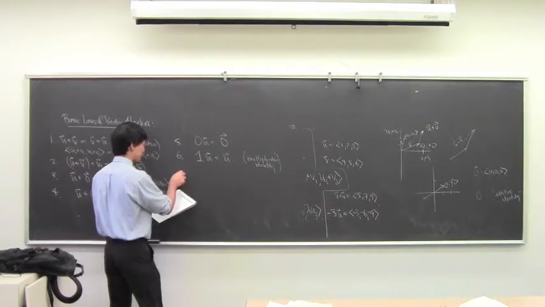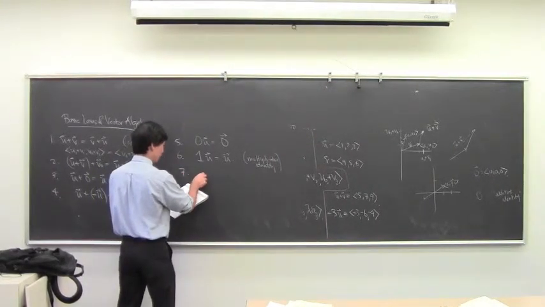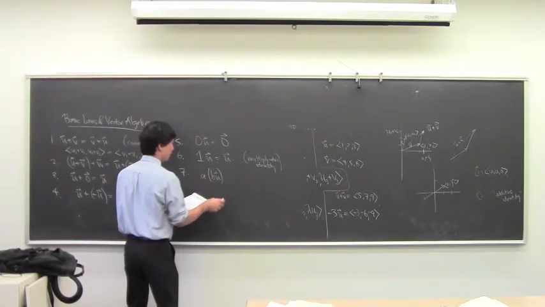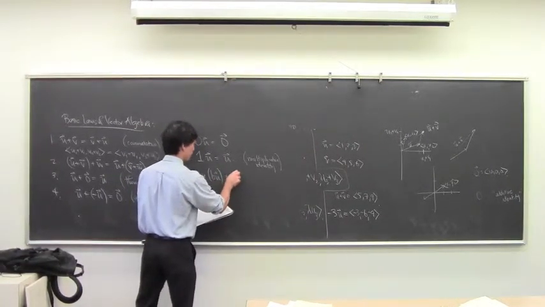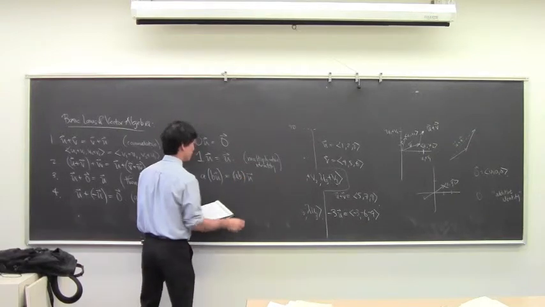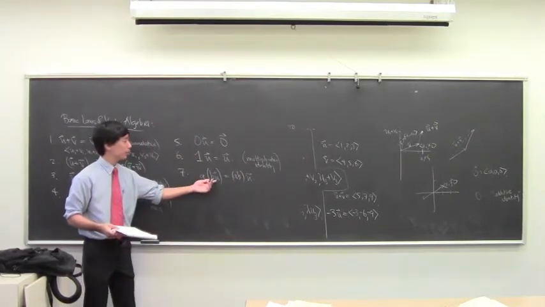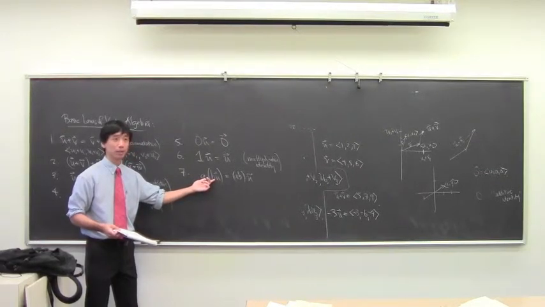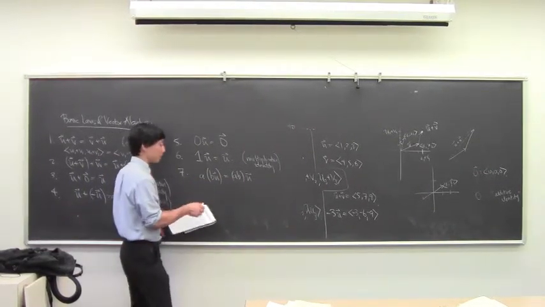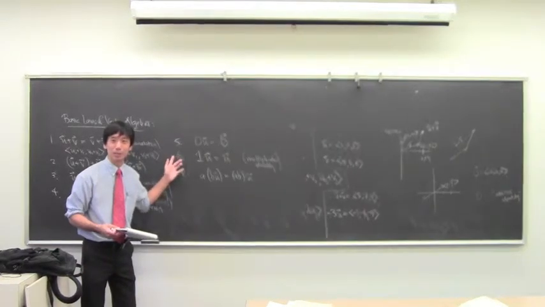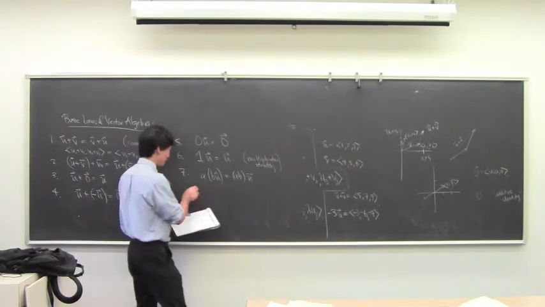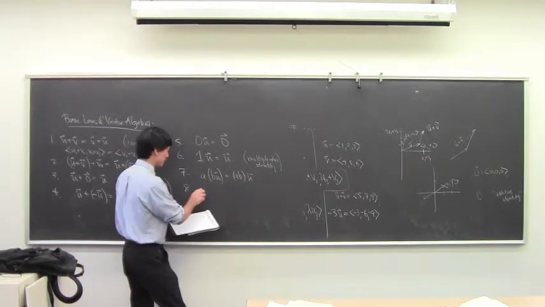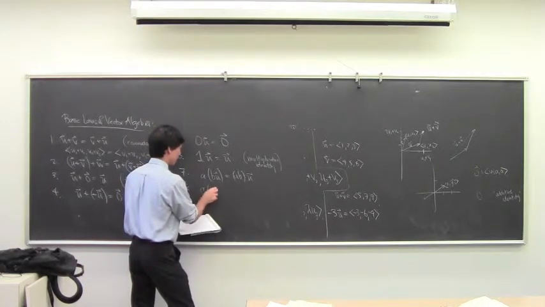Again, things that are familiar. You have an associative law of multiplication. You can multiply by the second scalar first, or you can multiply the two scalars together. Basically everything behaves as you think it ought to behave. There's nothing surprising here.